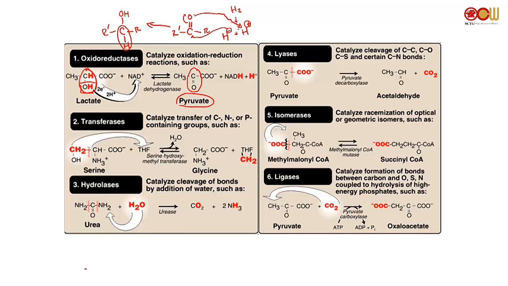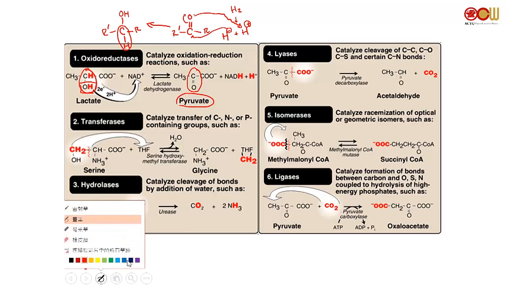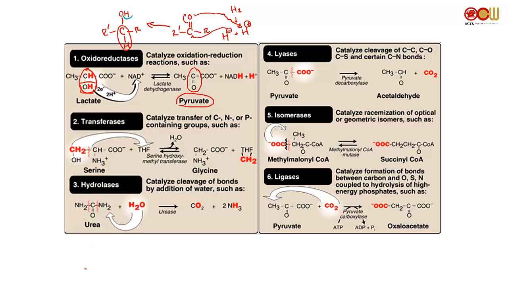Let me change the color real quick. You have this H and this H. So this is a very typical dehydrogenase that you will see, and dehydrogenase is a type of oxidoreductase.